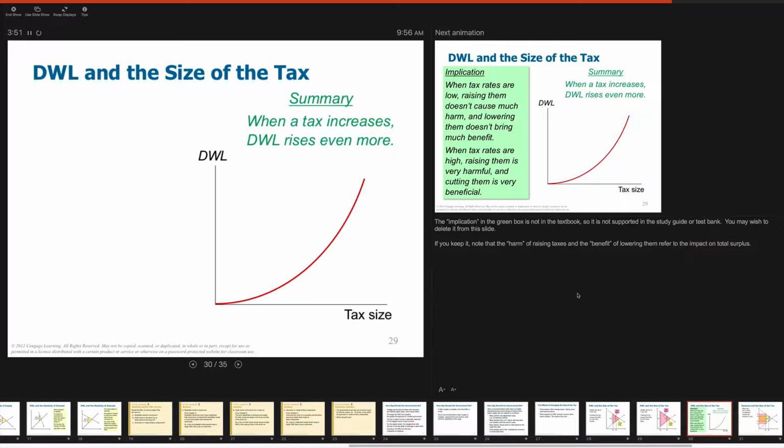See that point where deadweight loss begins to increase at a greater magnitude than the tax increase? This upward sloping curve becomes pretty dramatic at the end, right? You get very little more revenue and magnitudes larger deadweight loss.